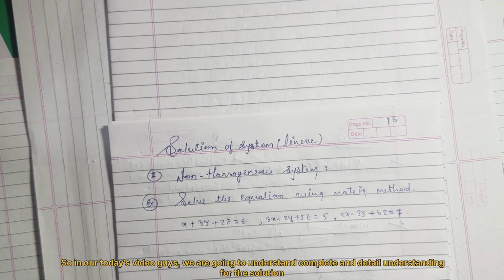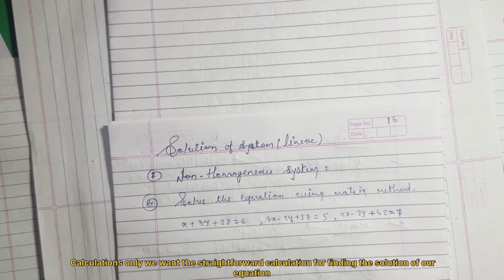In today's video, we are going to understand the complete and detailed solution, how it looks and how we can find it. Today's lecture is completely devoted to straightforward calculations for finding the solution of our equations.